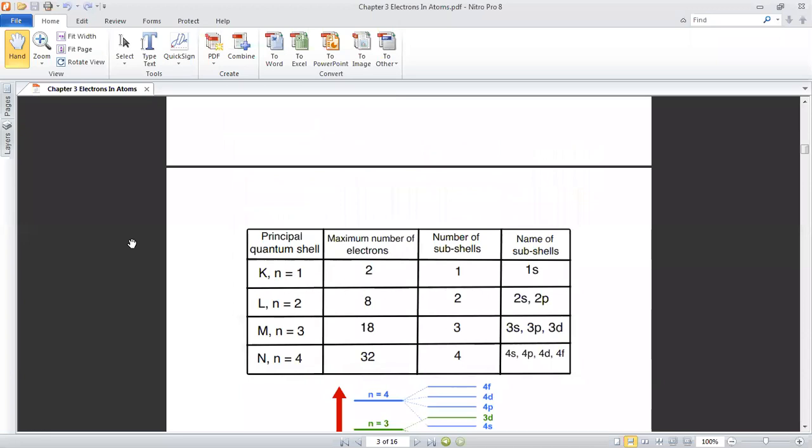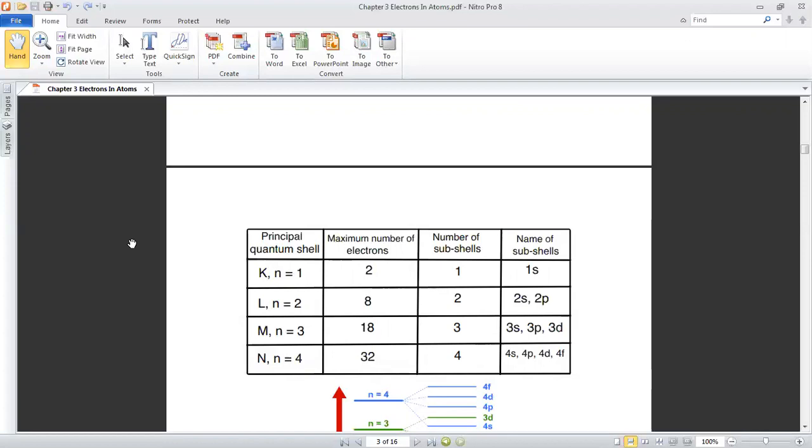If we go to shell number 1, the first shell, the nearest to the nucleus, the lowest energy shell, it has only one subshell. And it has been seen that this one subshell is spherical. So it means the first shell has only an S-shaped subshell. It cannot have P, D, or F.